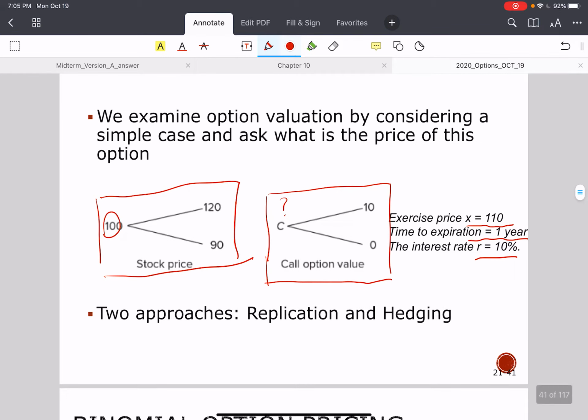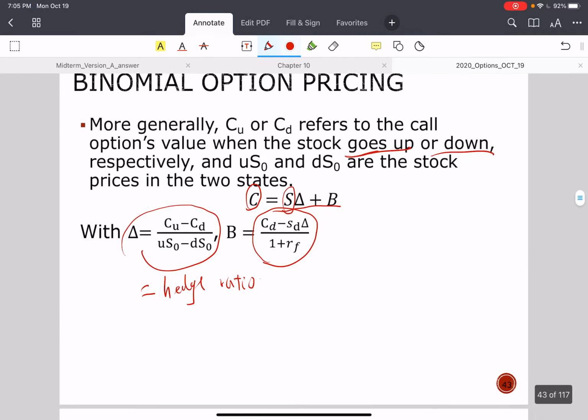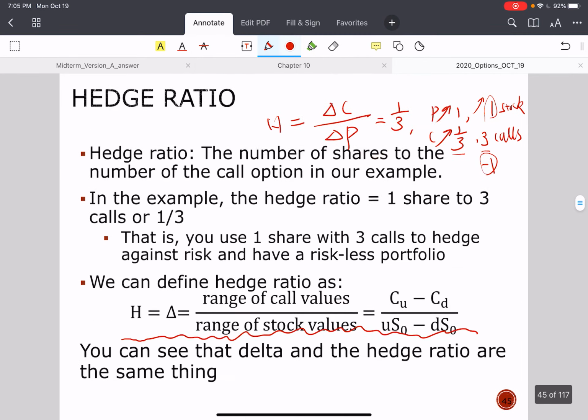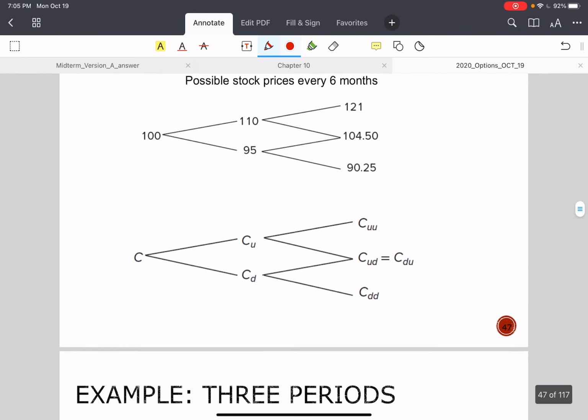So today, tomorrow, or to be more specific, this is at the beginning of the year, this is at the end of the year. So now let's say we wanted to get a finer model, right? What we're gonna do is, so this is basically 1 year. And we will separate this 1 year into 2 sections.